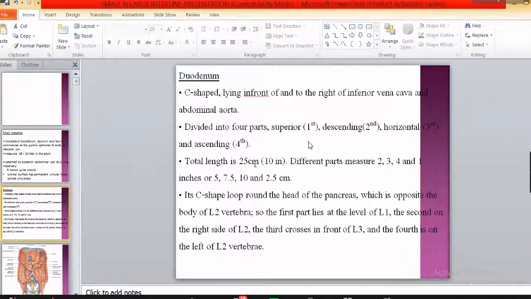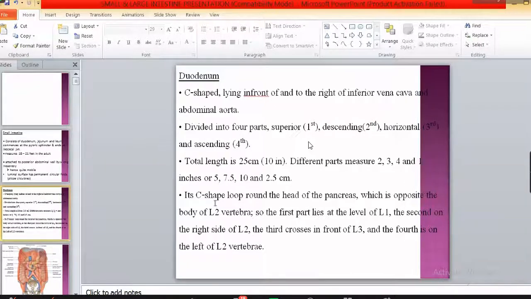The different parts have particular lengths. In inches, the first part is 2, the second part is 3, the third is 4, and the fourth part is 1 inch. You can convert to centimeters, which is 5, 7.5, 10, and 2.5.